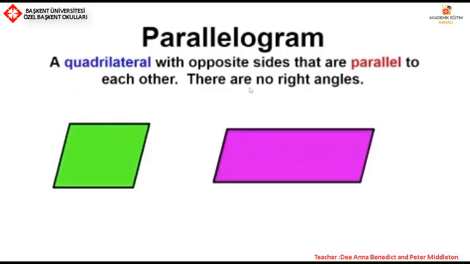Look, this quadrilateral is a parallelogram because these sides, these lines, will never ever cross. They will go on and never cross. And there are no right angles. The angles are not right.